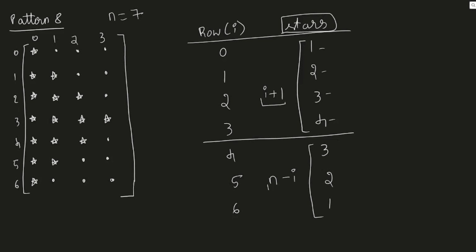Let us check whether this holds good for these numbers or not. We know n is 7, 7 minus 4, 3, 7 minus 5, 2, 7 minus 6, 1. Yes, all the numbers are holding good here. So we can directly write a logic. Row always goes from 0 to n.